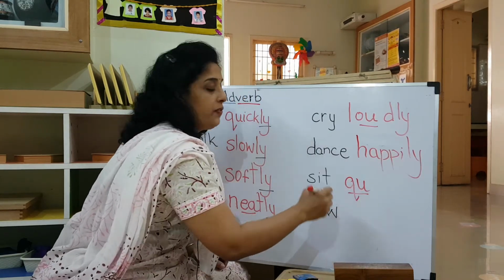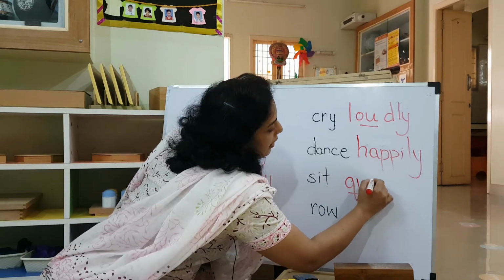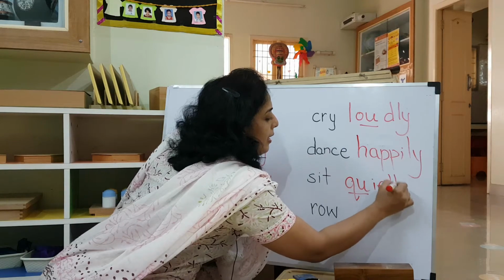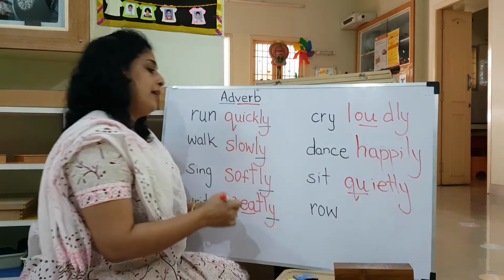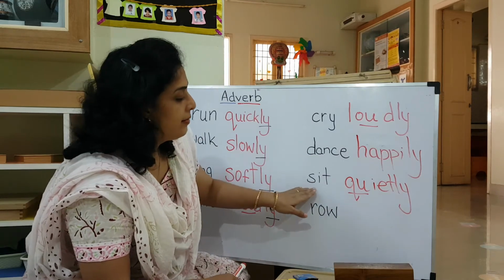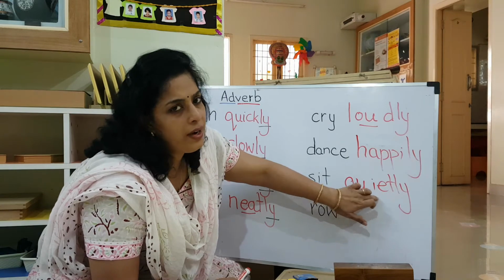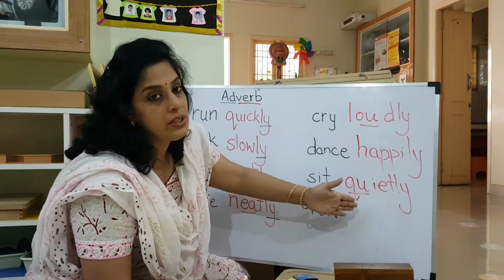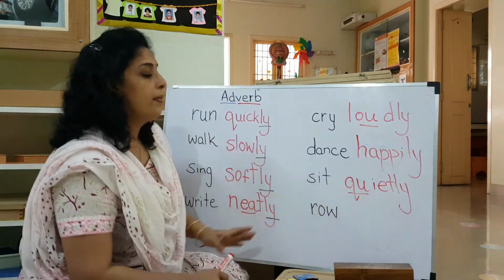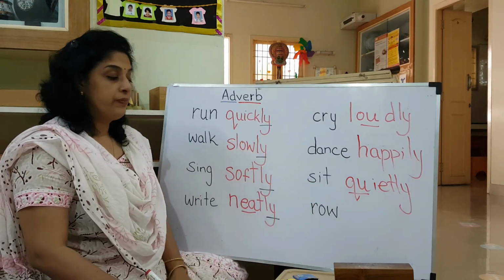They are always friends. Quietly. Okay? Sit quietly. Here there is a small difference in the phonogram, but you will learn slowly. I have not introduced it yet to you, but it's okay. Sit quietly. Next one.